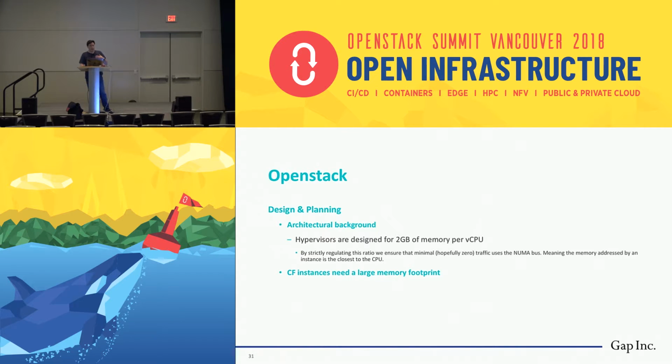So this slide is talking about the way I designed OpenStack for compute workloads. Okay, so hypervisors give 2 gig of memory per vCPU. And so by strictly regulating this ratio, we eliminated a lot of memory issues, especially any traffic across the NUMA bus, which was more of a concern in the past than it is now.